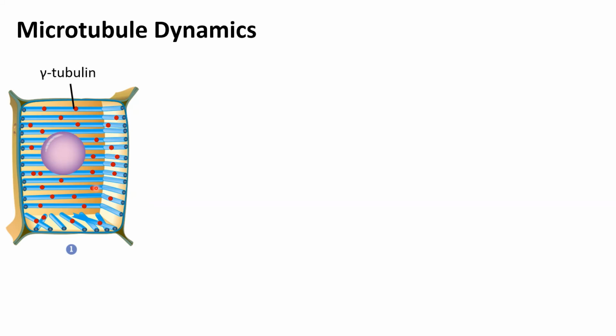And that's where the gamma tubulin are found in plant cells. So take note, the difference is in animal cells, the gamma tubulin are grouped together in the microtubule organizing center. But in plant cells, the gamma tubulin are spread along these microtubules.